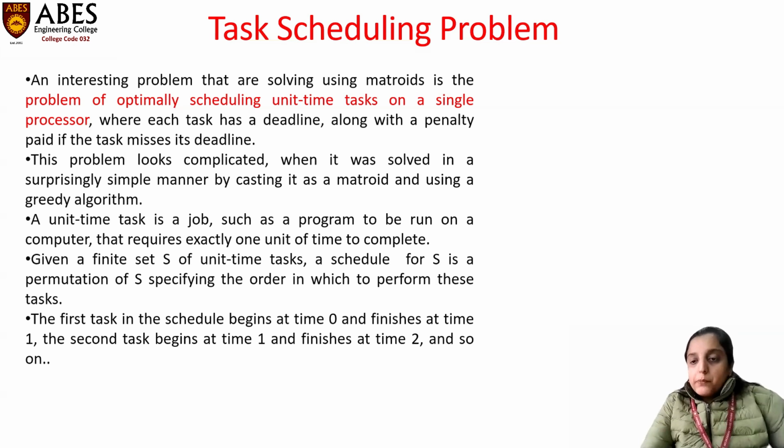So the problem says that if you fail to meet the deadline of any task, you have to pay that penalty. So your goal is to plan your schedule in such a way that the minimum penalty is paid at last. This is the main agenda of this particular problem.